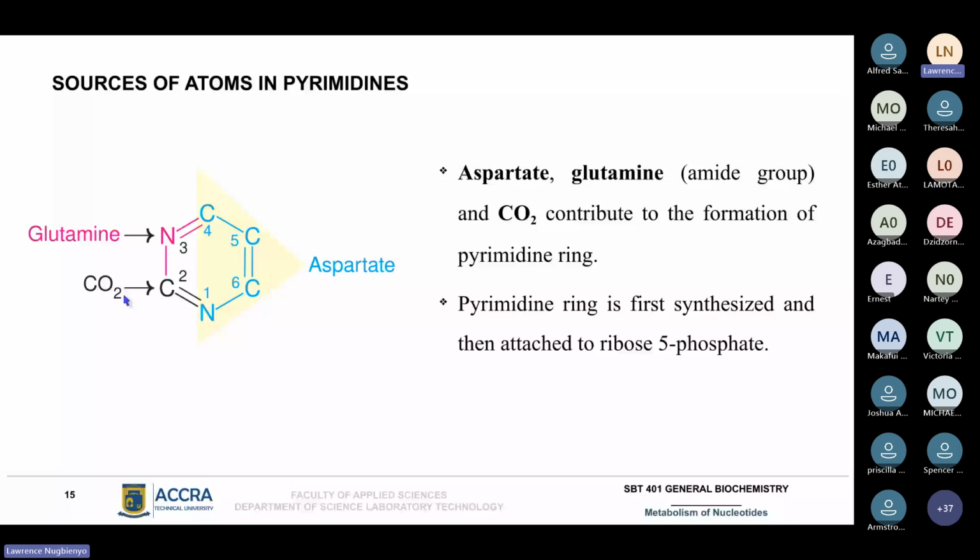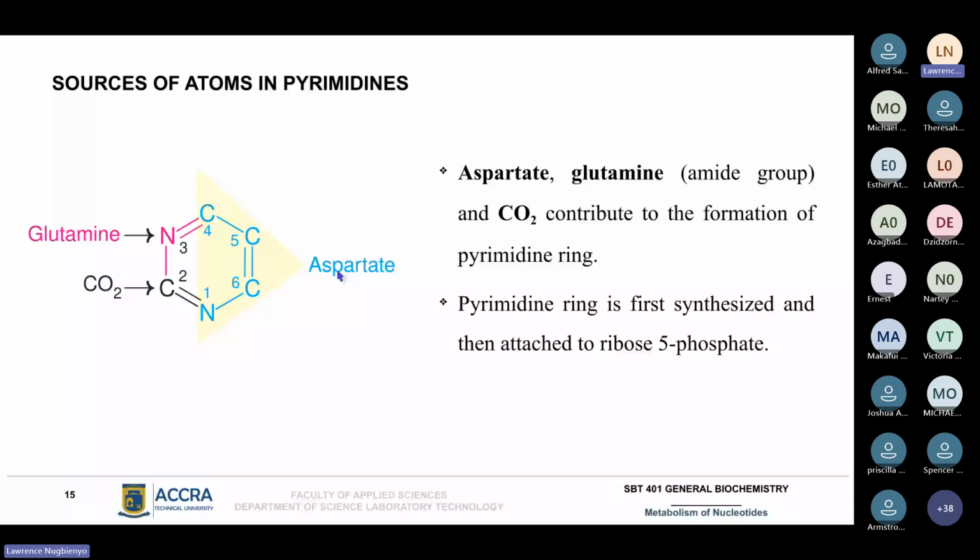Here again, we see carbon dioxide contributing one carbon in that ring, and the rest of the parts are contributed by amino acids, glutamine and aspartic acid or aspartate.